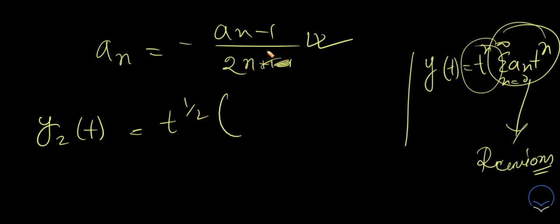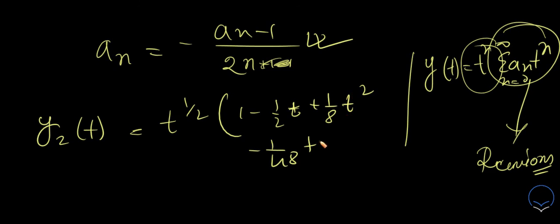And again, from this recursion relationship you will get terms like 1 minus 1/2 of t plus 1 by 8 of t squared minus 1 by 48 t cube, and so on.